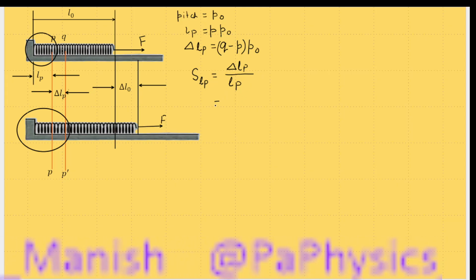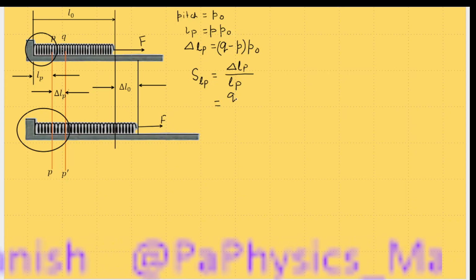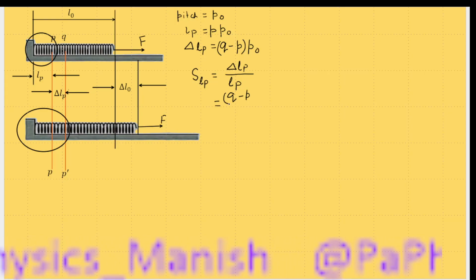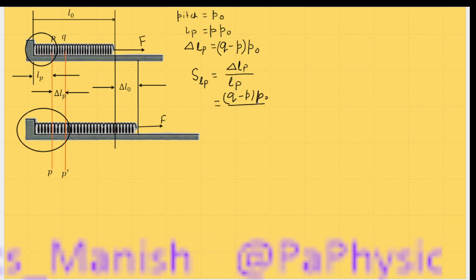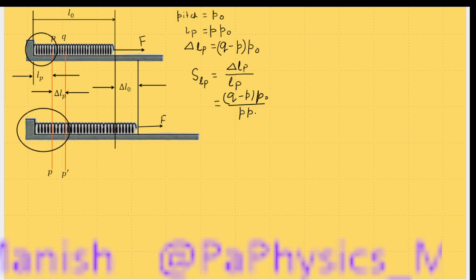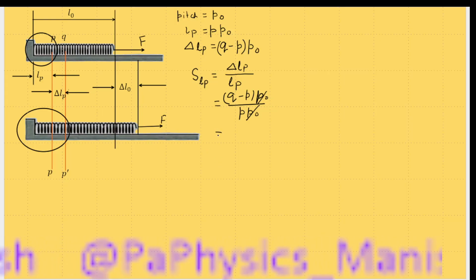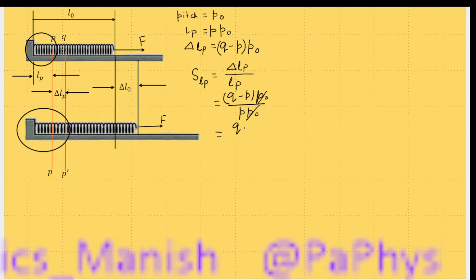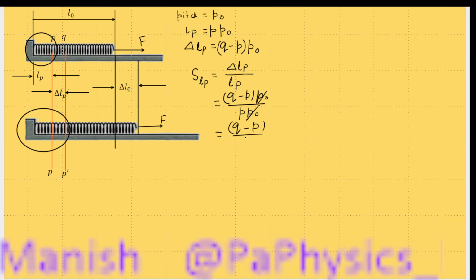That will be equal to delta LP, which we can put from here as Q minus P into P naught, divided by LP, which is P into P naught. So P naught will cancel out, and the strain in LP will be Q minus P divided by P.